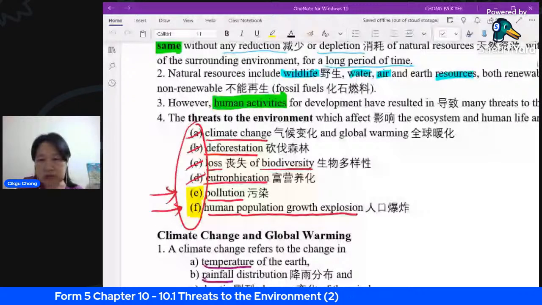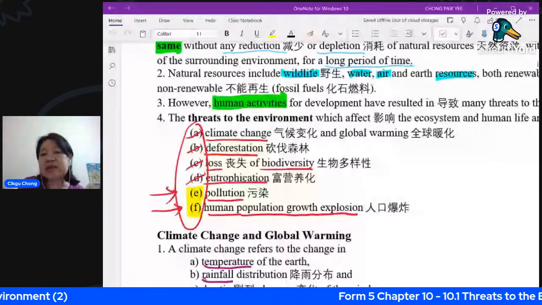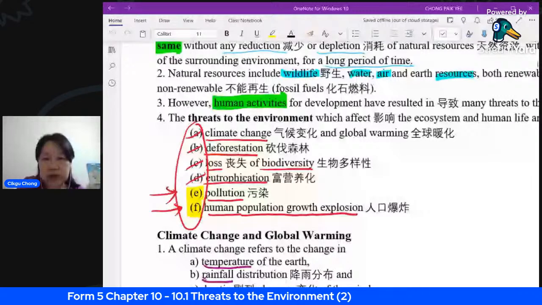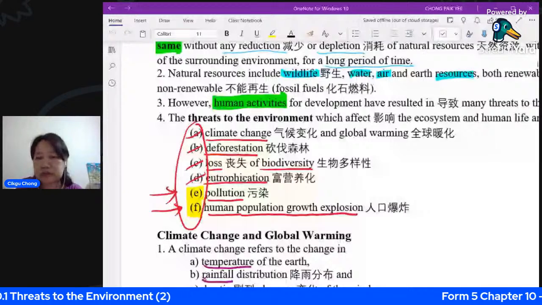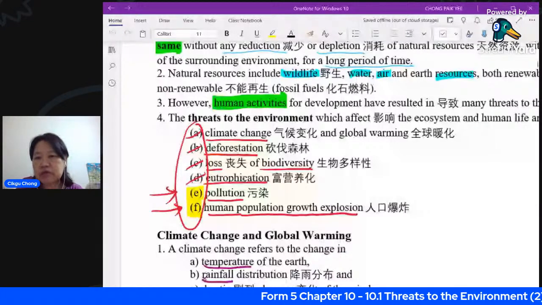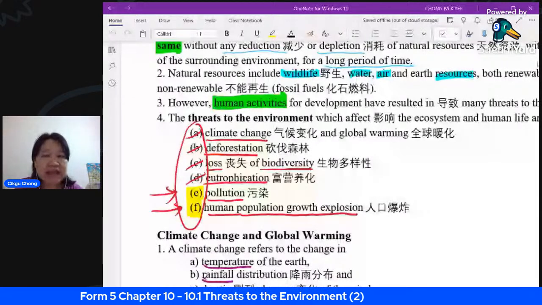And if it happens in a condition of less oxygen or lack of oxygen, you will have carbon monoxide. This is more toxic in the sense that it causes carbon monoxide poisoning. So when there's lack of oxygen in burning, you will form carbon monoxide instead. When you have adequate, that means enough oxygen, you will form more carbon dioxide.